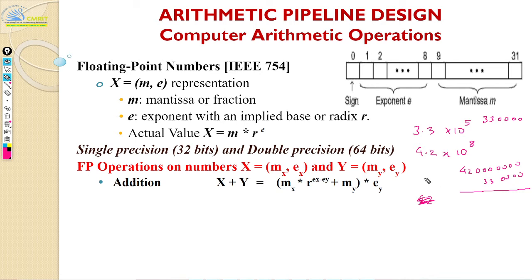I just got carried away. So what do? You have 44, 42, 4.2 into 10 to the power of 8 minus 5, right? So you actually make it into 10 power 5 only, and then multiply both to 33.